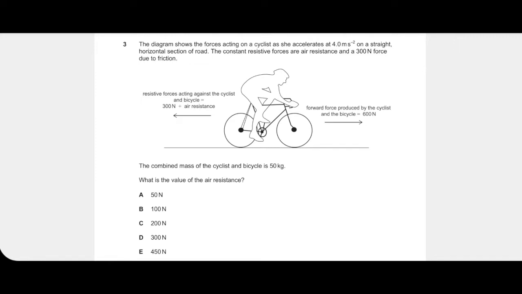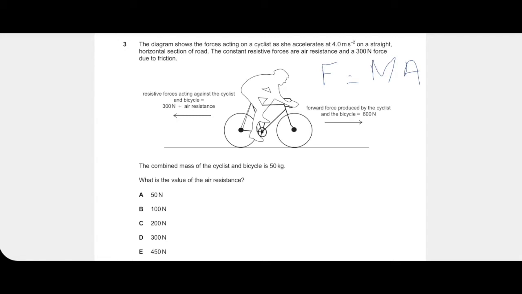Straight away, you should be thinking of F equals ma, where force is the total force in a single direction, mass is the mass of the object or the unit that you're referring to, and acceleration is accelerating in a single direction.